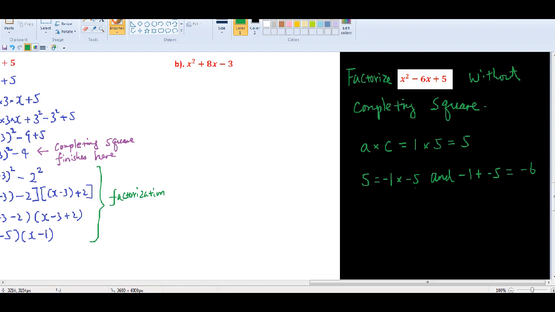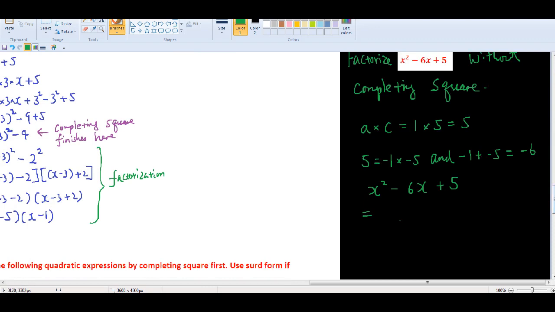That means minus 1 and minus 5 are the key numbers. So next we're going to do this. x squared minus 6x plus 5. Still remember the decomposition? You need to decompose that minus 6x into 2 terms, minus 1x and minus 5x.